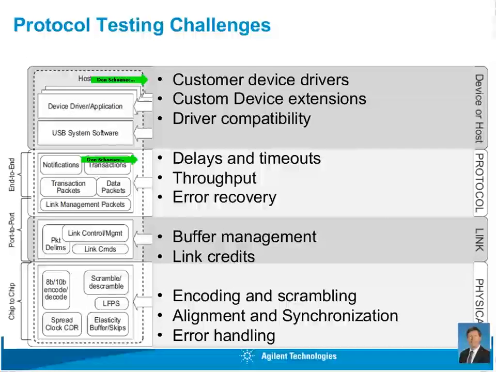There's a whole test specification around the link level and the protocol and error recovery that's available from the USB-IF. How do you handle the buffer management between the host and the hub?